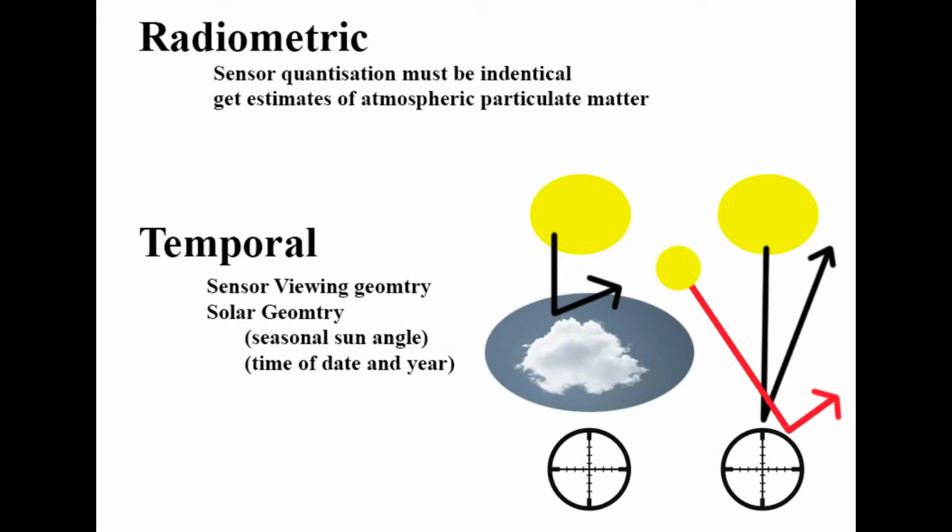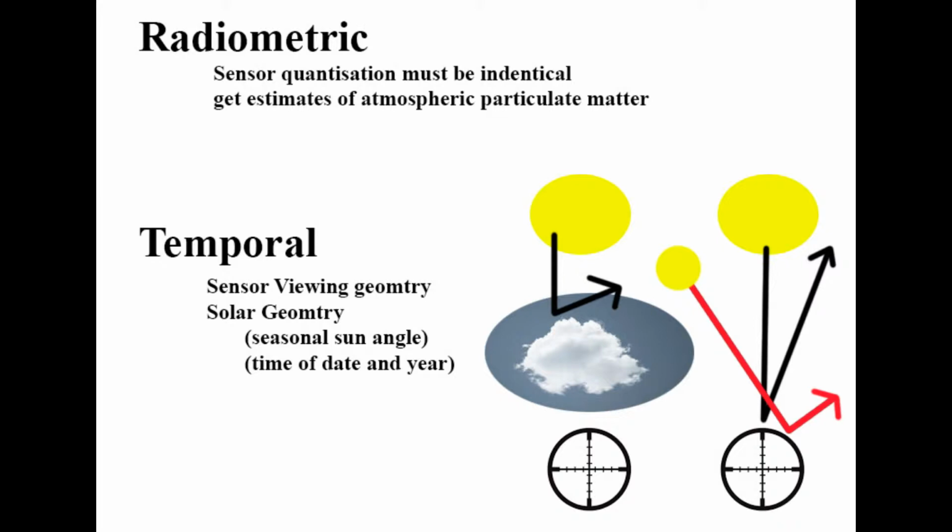Then I also want to talk about radiometric, which is essentially atmospheric conditions, but it can also be sensor quantization, which must be identical. How sensors are calibrated must be identical, and how you get estimates of particulate matter in the atmosphere should be exactly the same.